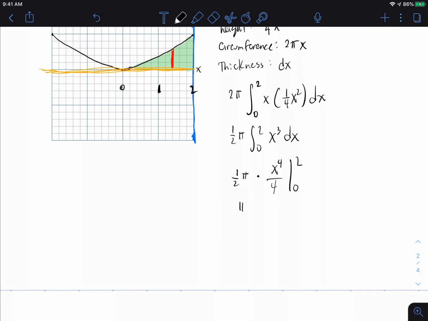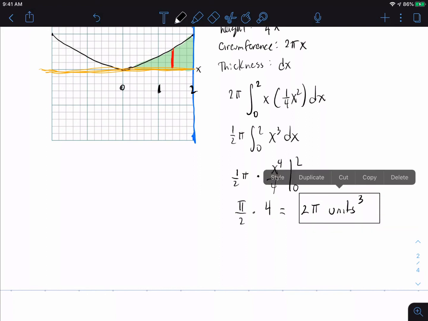We're going to get pi over 2 times, what is that, 4? So my answer is going to be 2 pi units cubed. We all right?